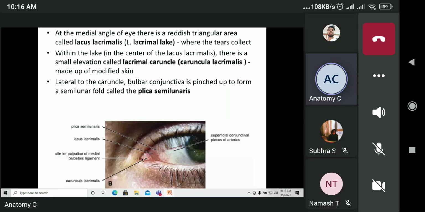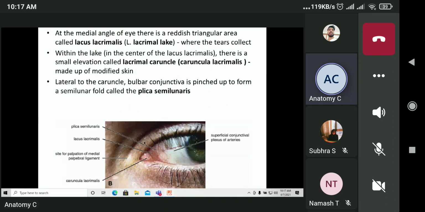At the medial angle of the eye, there is a reddish triangular structure, the lacus lacrimalis. This is where the tears are collected. Within the lake, in the center of this lacus lacrimalis, there is a small elevation. That small elevation is known as the lacrimal caruncle.